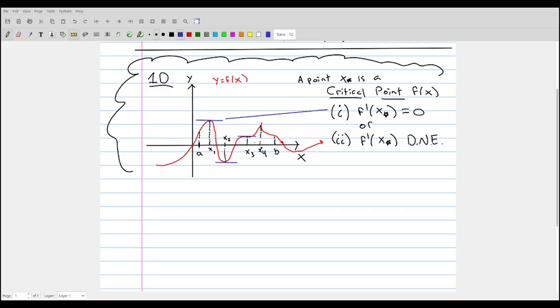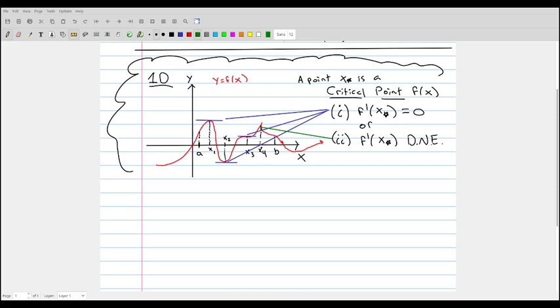So each one of these, x1, x2, and x3, are critical points of type 1. Whereas x4 is a critical point of type 2. It's a critical point because the derivative just does not exist there. The slope does not exist at that point because it's a cusp point, similar to the absolute value function at the origin.